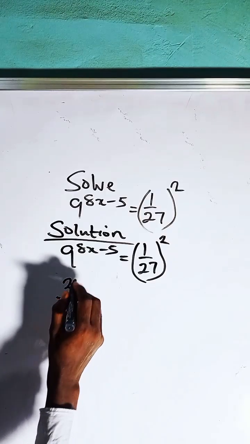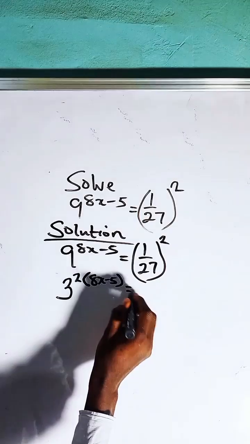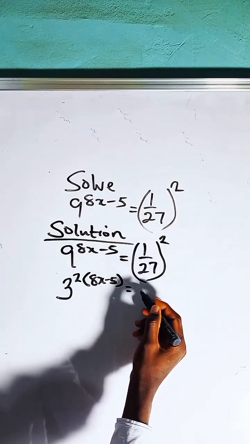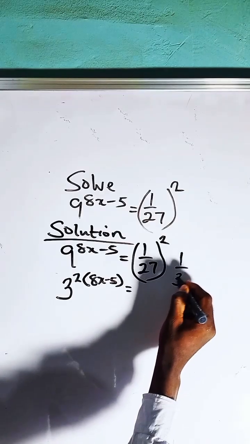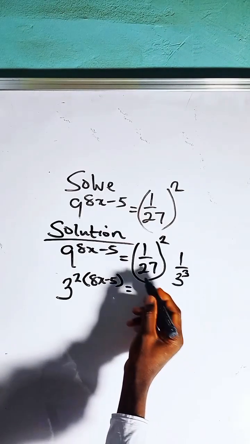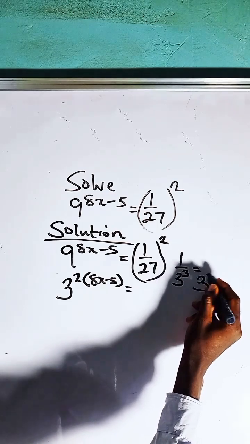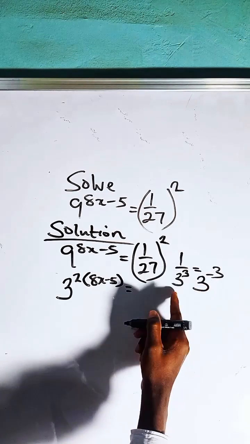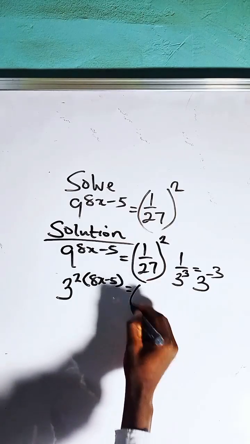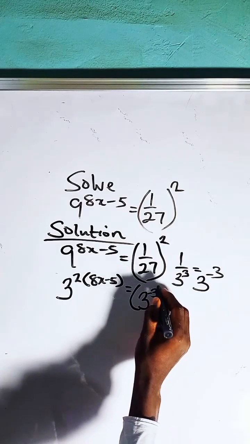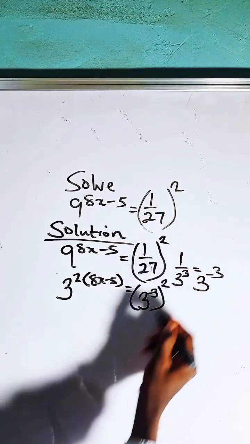So we have 3 raised to the power 2 into 8x minus 5 equals, so for 1 over 27, you can write this part as 1 over 3 cubed, since 3 raised to the power 3 is 27, or we have it this way, 3 raised to the power minus 3. So we will write this in the bracket as 3 raised to the power minus 3, which is this 1 over 27. So we keep our square.